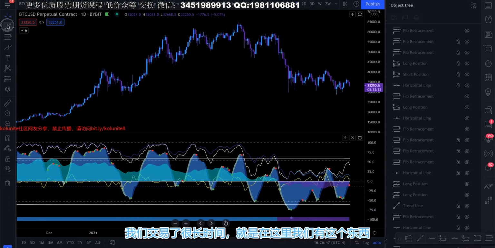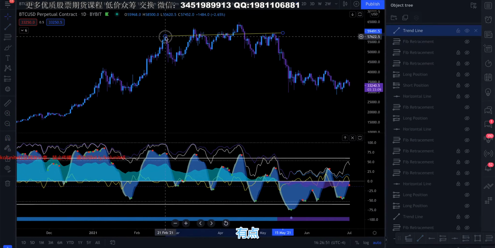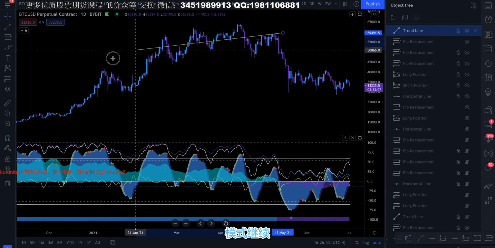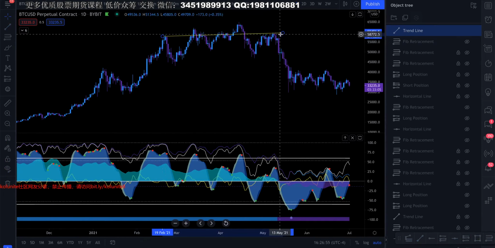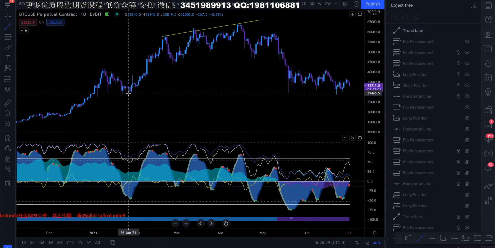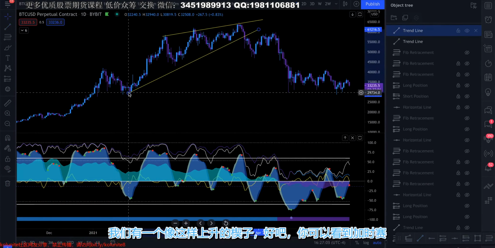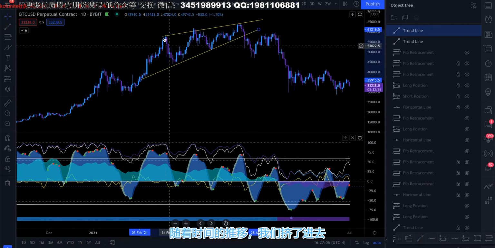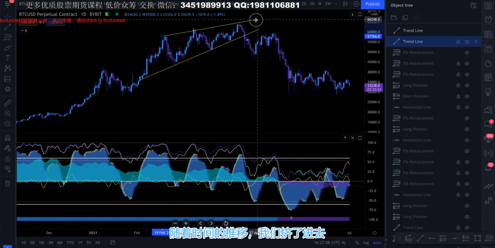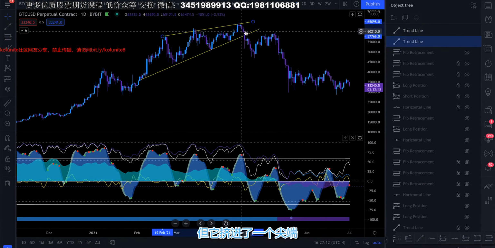It was this thing right here, where we had this kind of pattern going on. We had a rising wedge like this. Okay, you can see that over time we're squeezing in, and as time goes on, the price is getting higher, but it's squeezing into a tip.